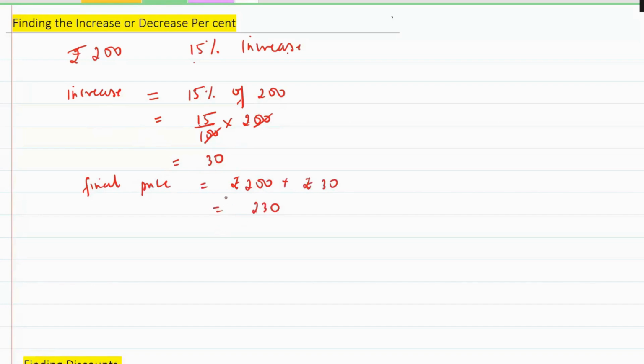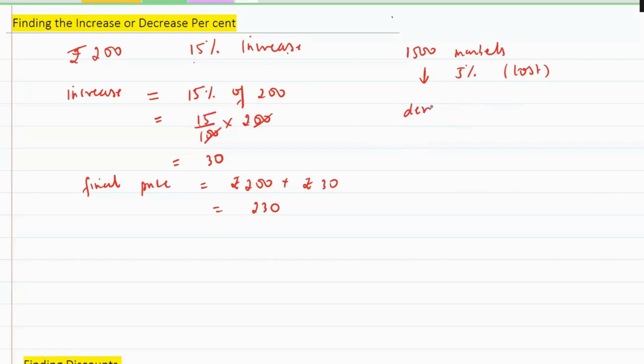Take one more example. Suppose some person has, as of now, 1500 marbles, and he has lost 5% of this. Loss means decrease. He has lost a 5% decrease in marbles. Correct? The earlier case was an increment and this is a decrement. So 1500 marbles was the initial number, and 5% he has lost.